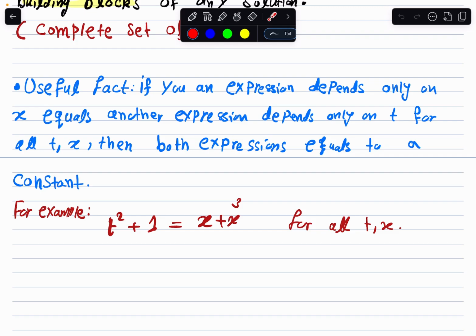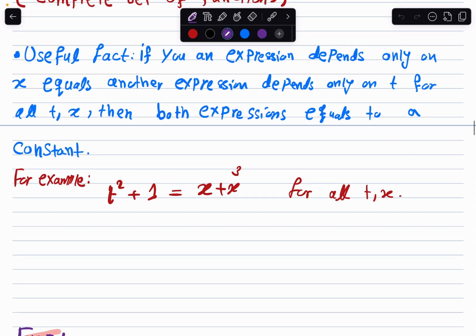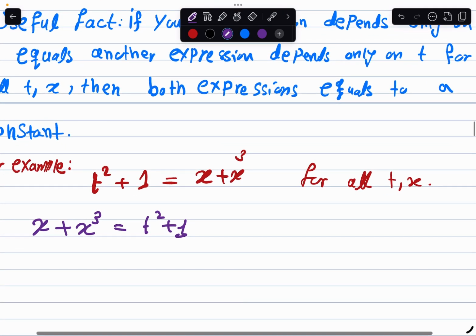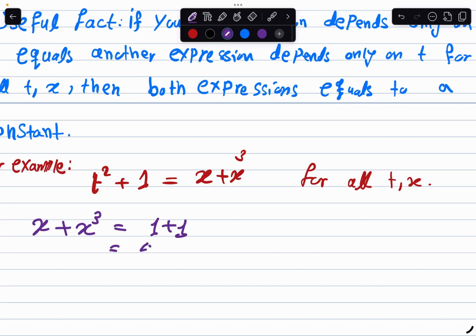So I have x plus x cubed equals t squared plus 1. Now let me change t. Let me put t equal to, for example, 1. Then let me make t equal to 2. So that will be 4 plus 1.